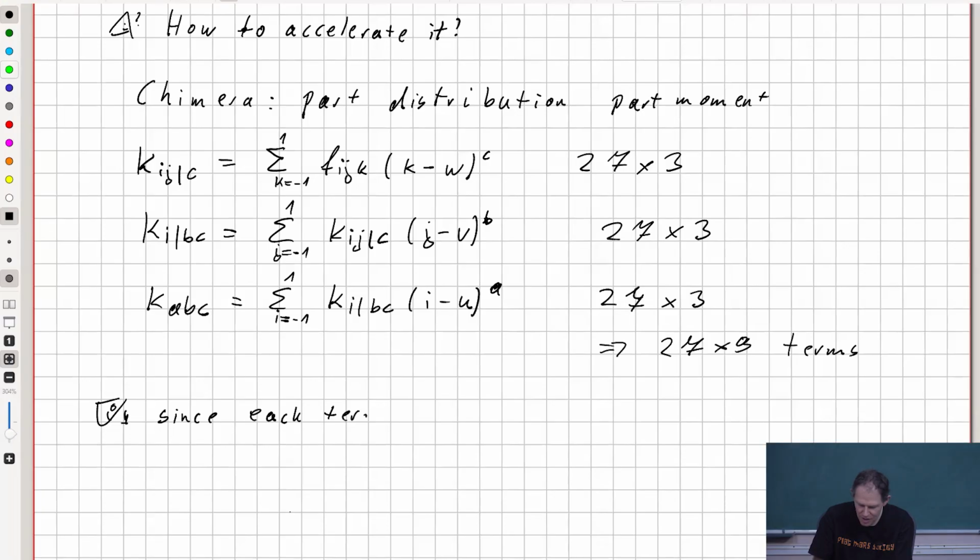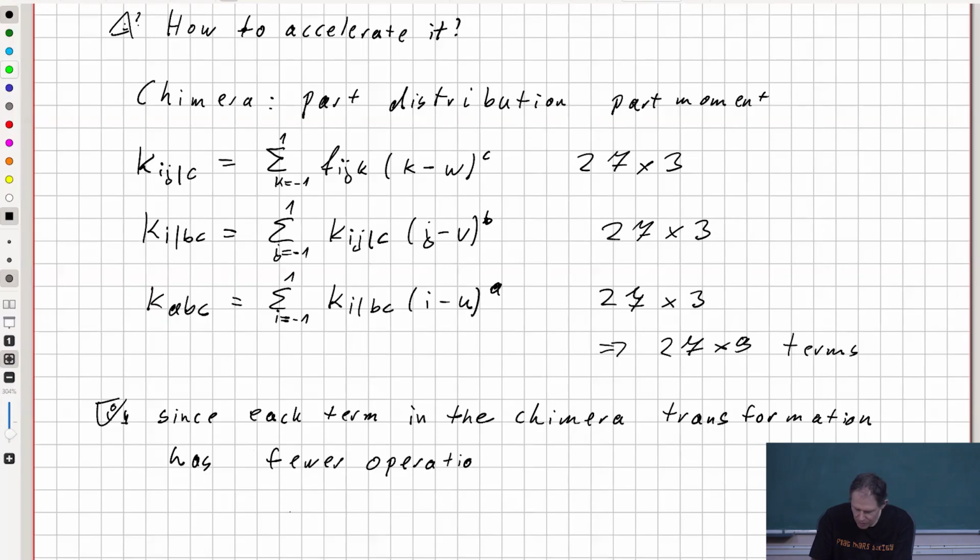Since each term in the chimera transformation has fewer operations than in the naive form, the savings are even higher.